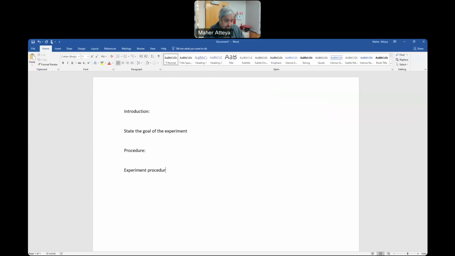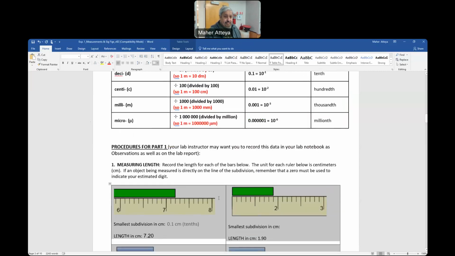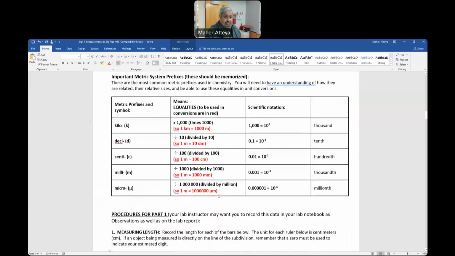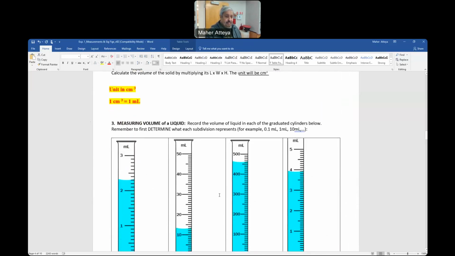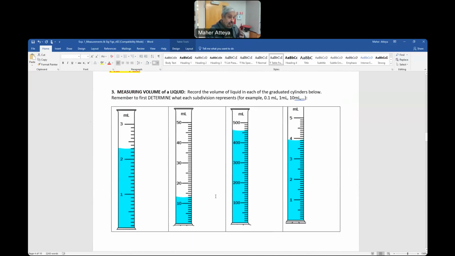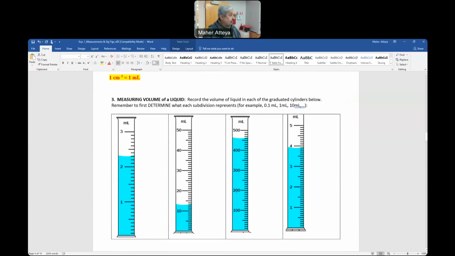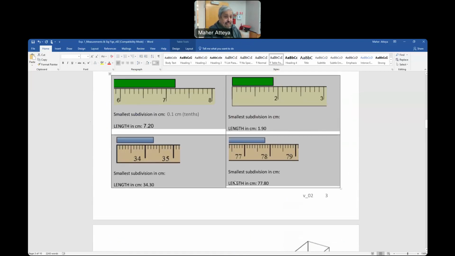Now, for the procedure, you have to use your own words. So don't copy. If I get this one here, look at this. This is your procedure here. You have measured all those here, just in your own words, correct? So you measure the distance using a ruler, okay?